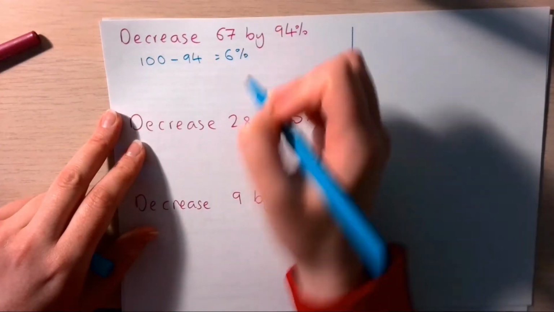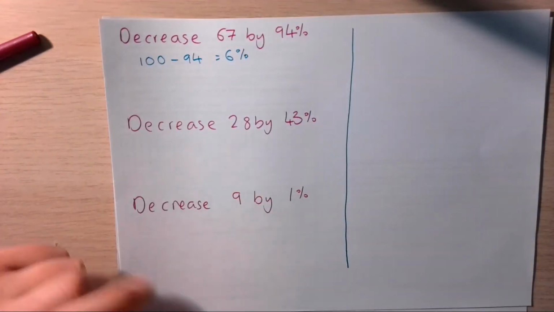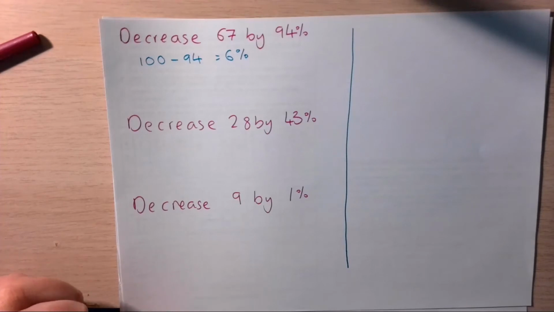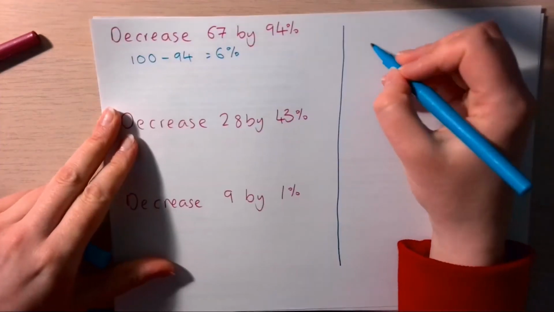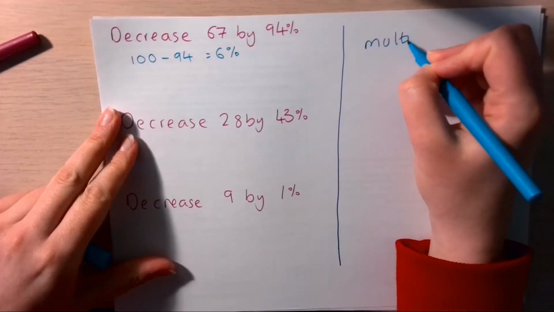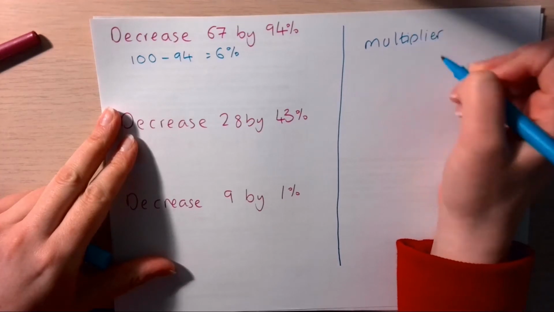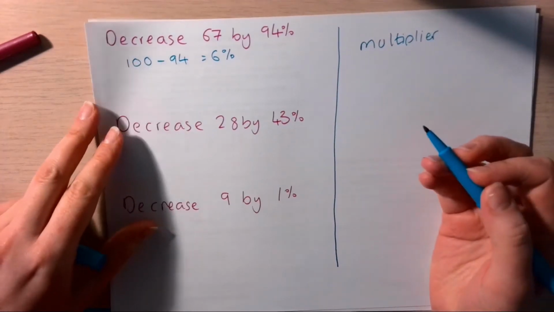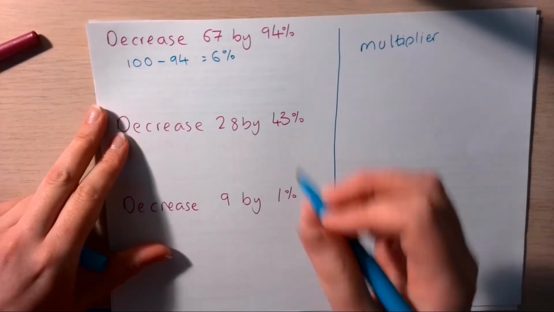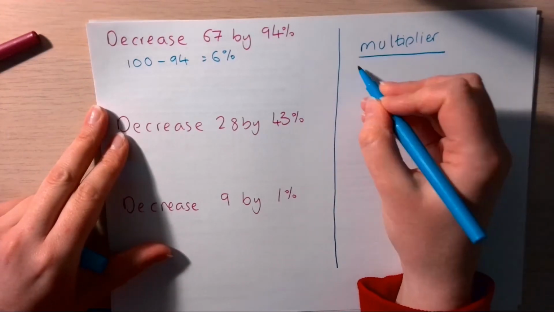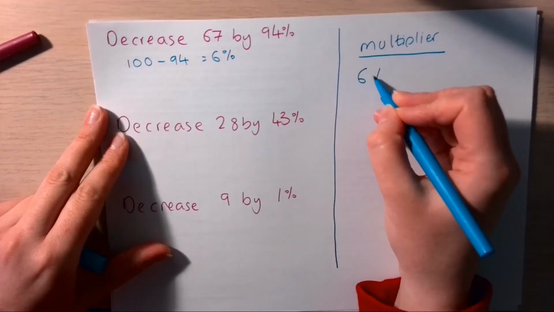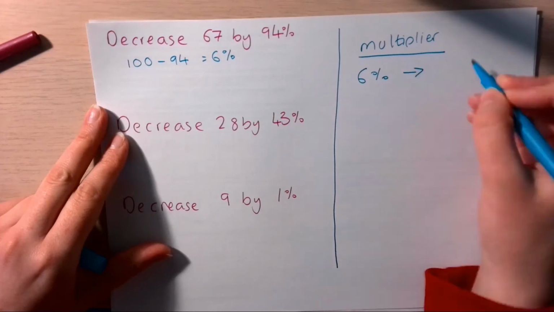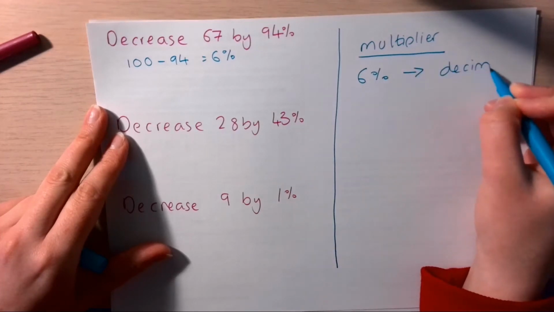6%. Then we take the step to turn that into a multiplier. Just to remind you, a multiplier is the decimal by which we would multiply to get that percentage. So all we need to do here is turn our 6% into a decimal to make it into our multiplier.